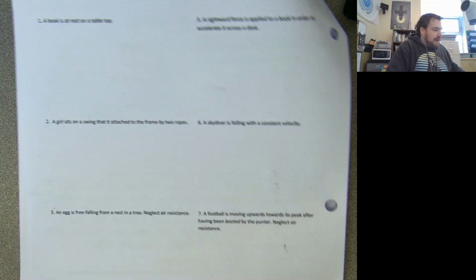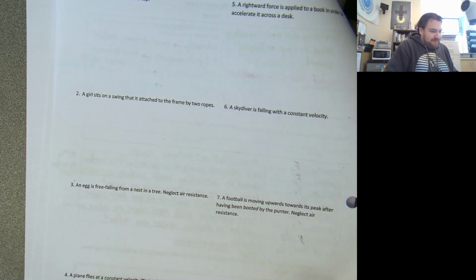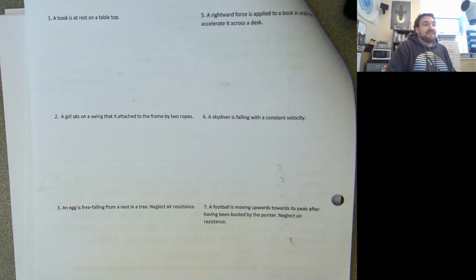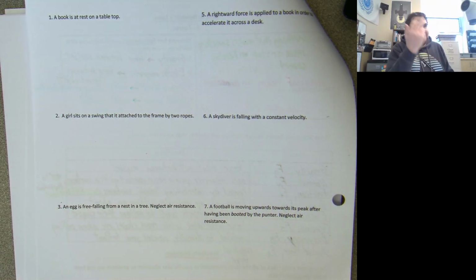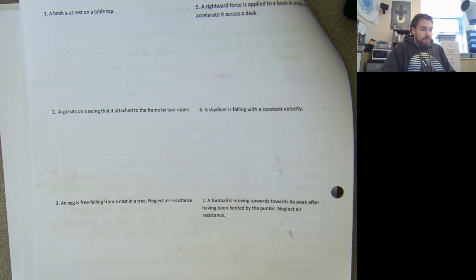Okay. So, I have 8 things here. All of you are sitting with someone except Kai. Discuss these 8 things. I want you to draw them.